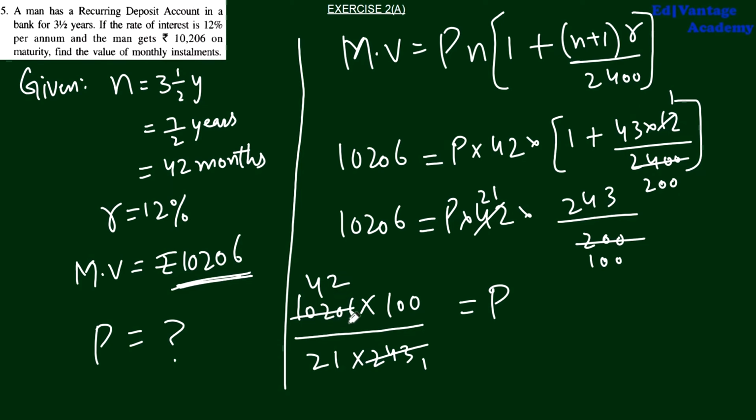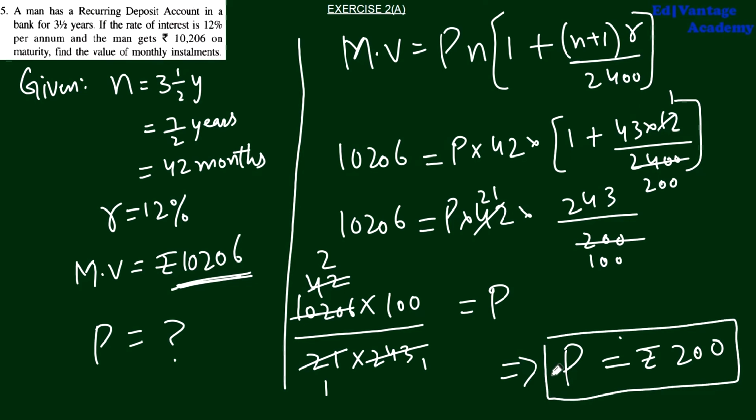That means 10206 could have gone with 21 also. When you try, 21 ones are 21, 21 twos are 42. So you got principal is rupees 200. Please highlight your answer once you complete and write your answer very neat and clean. Don't write only 200. On the left side, write what it is equal to and the number.